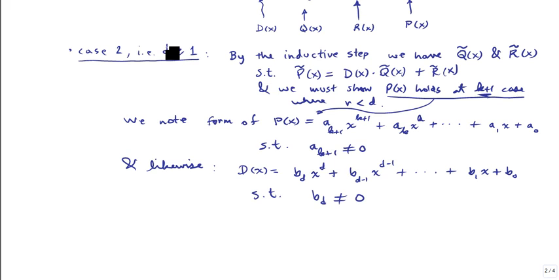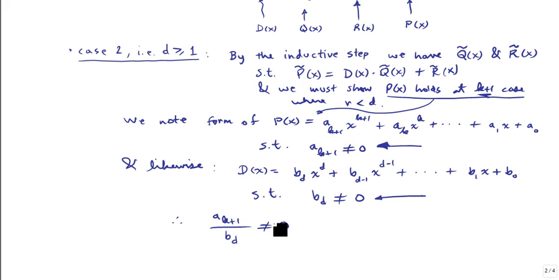And because of these two facts, therefore, the ratio of the A sub K plus first coefficient term and the B sub D coefficient term has to be different from 0, since both are non-zero.